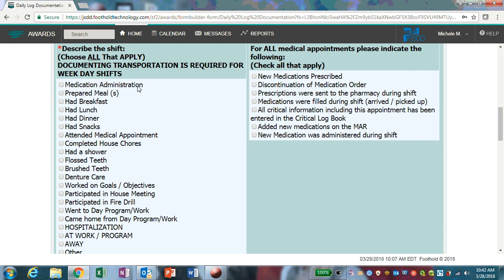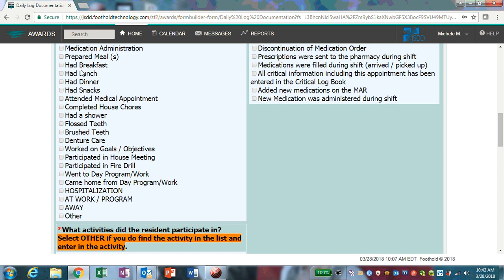So you're going to verify if meds were already administered. If they were administered and documented, not on your shift, then you do not indicate this. If you did administer medication at any point of that shift, maybe midday meds, maybe afternoon meds, then you're going to indicate this. So I'm going to say I gave out medications.